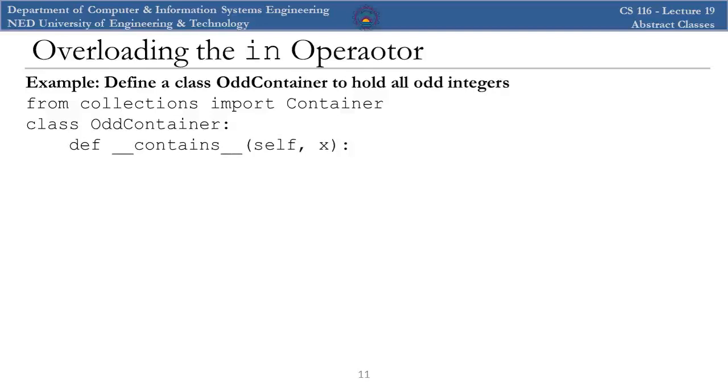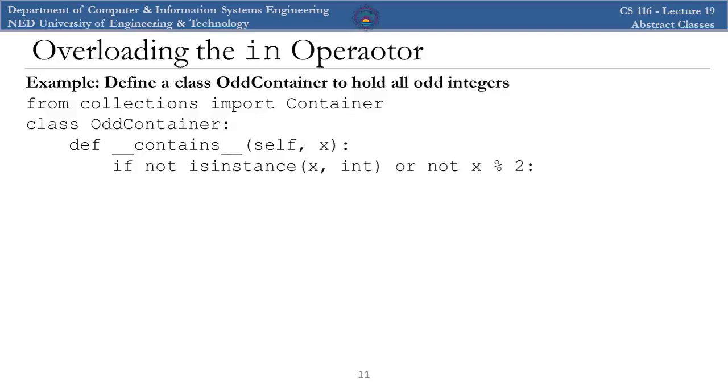Okay, I'm implementing this function __contains__. It's a dunder which will be called whenever Python encounters this in operator. And this is the condition that I have made. If x is not an integer: isinstance will return true if x is an integer, and by placing not, I mean that x is not an integer. The second condition means if x is not an odd number, because x % 2 will be 0 if x is even.